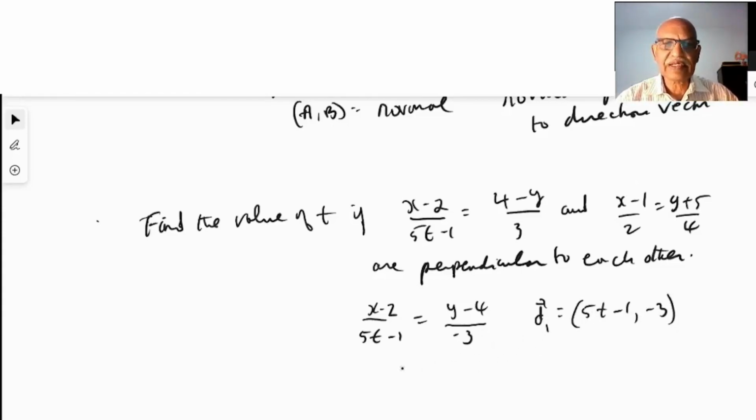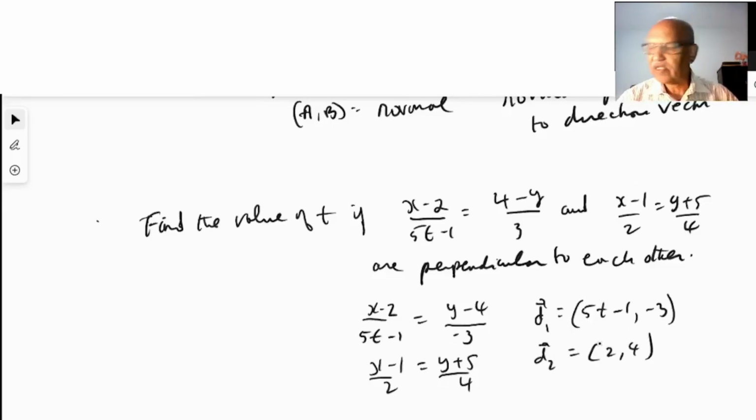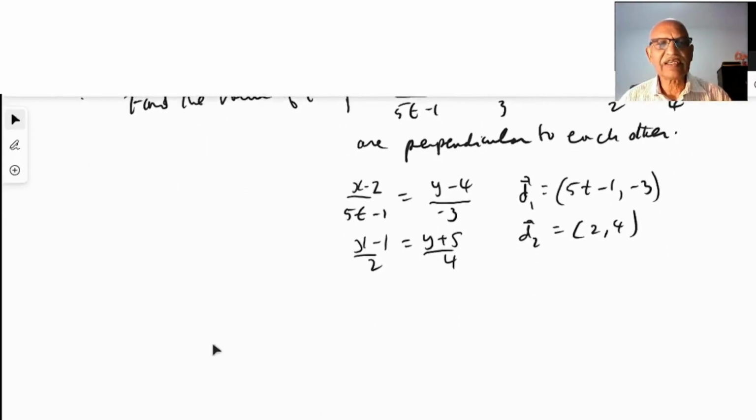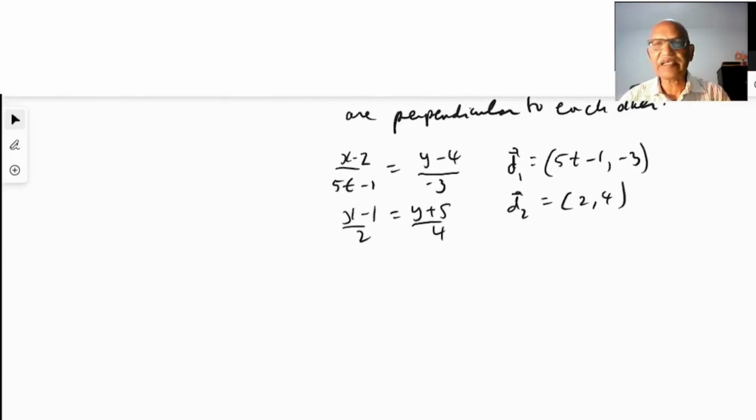In the second one, (x minus 1) over 2 equal to (y plus 5) over 4, which is in the right format. Therefore, its direction vector is (2, 4). We are told that they are perpendicular to each other, which means the dot product of the direction vectors must be equal to 0.